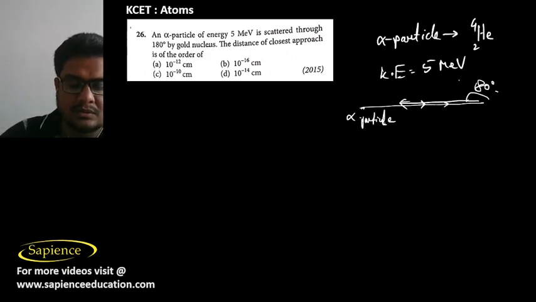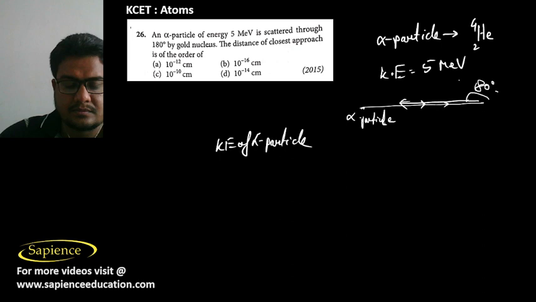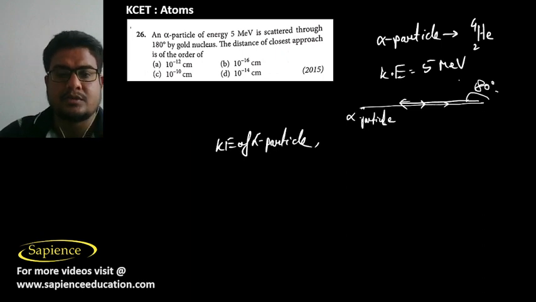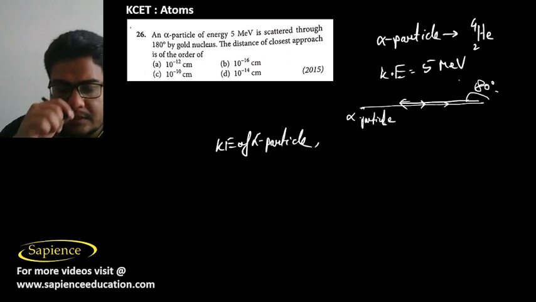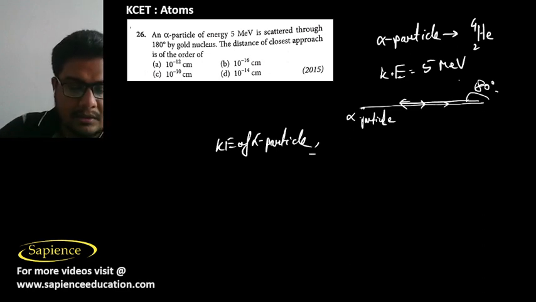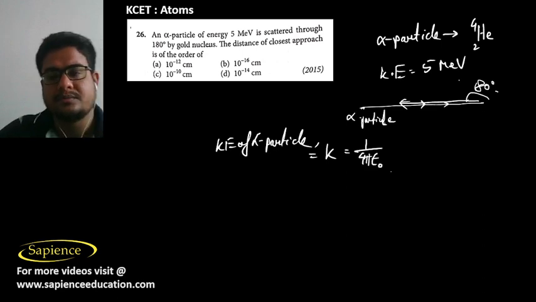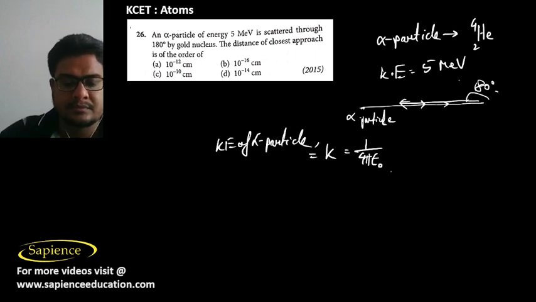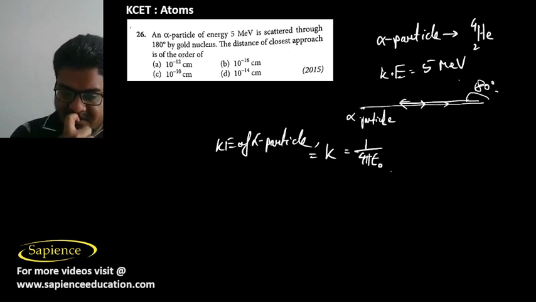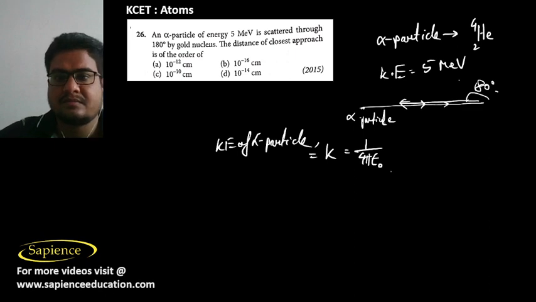Now we know that the kinetic energy of the alpha particle, K, is equal to 1 by 4 pi epsilon naught into the product of the charges.